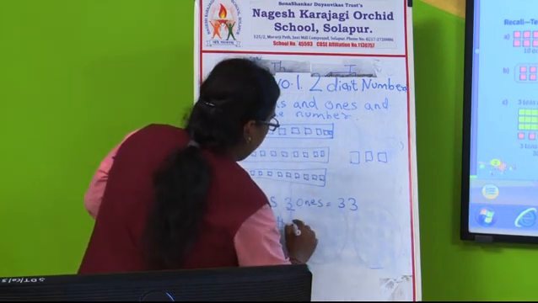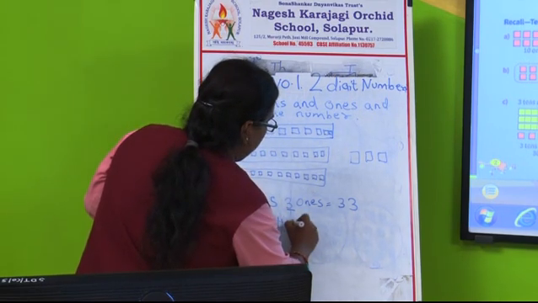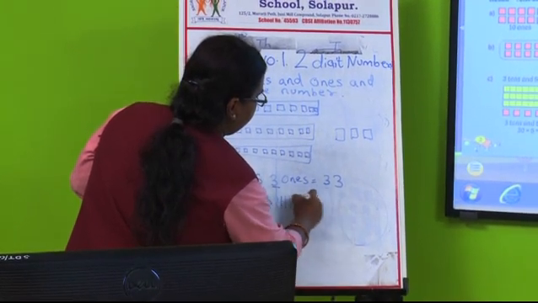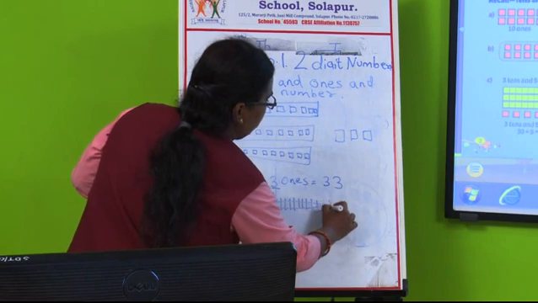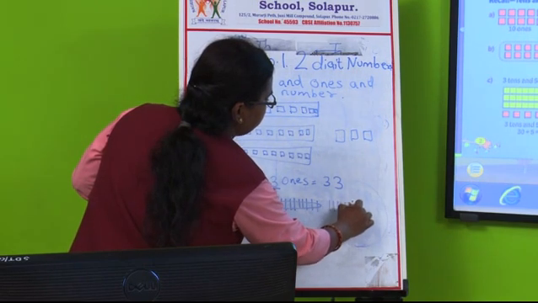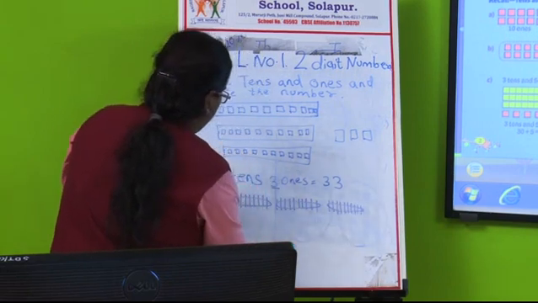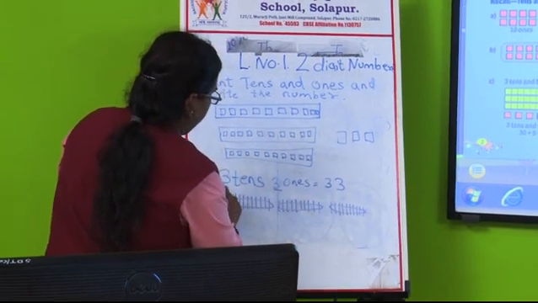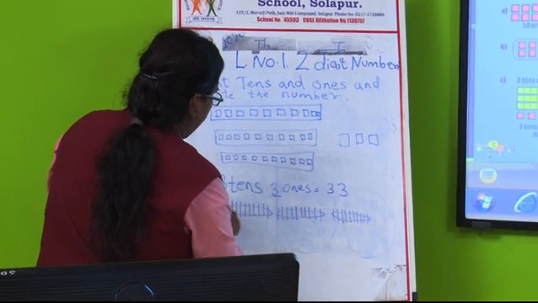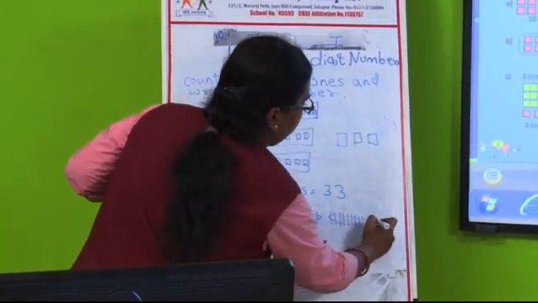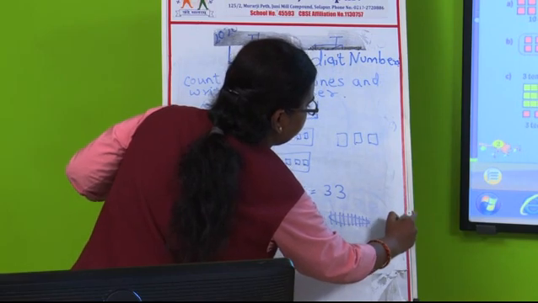Then 1, 2, 3, 4, 5, 6, 7, 8, 9, 10. This is the second bundle. Then again 1 to 10. Okay. Now this is and your single sticks.